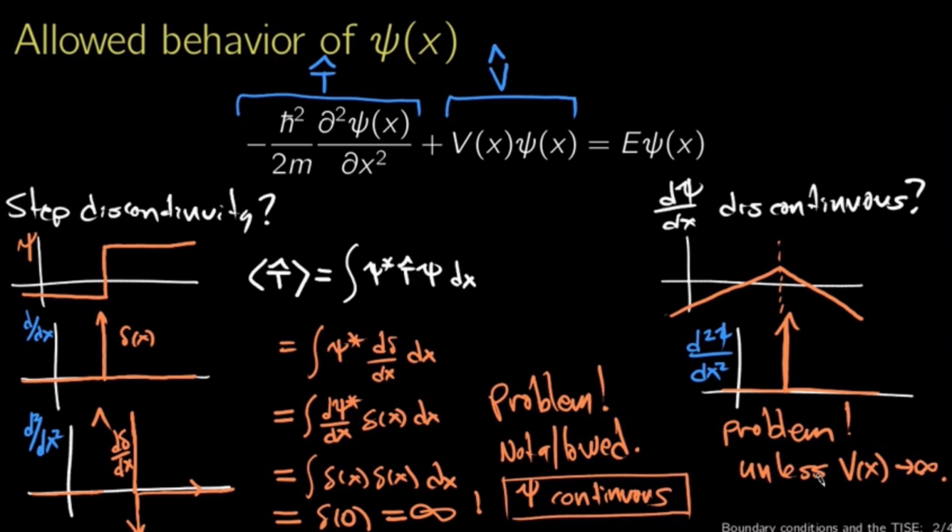So this is the sort of allowed behavior that we can have from the wave function. It's always going to be continuous because any discontinuity in the wave function itself gives us effectively infinite kinetic energy. And the first derivative of psi is also going to be continuous unless we have an infinite potential.